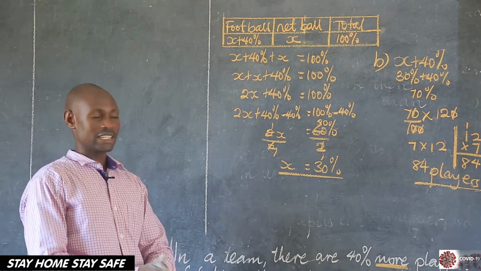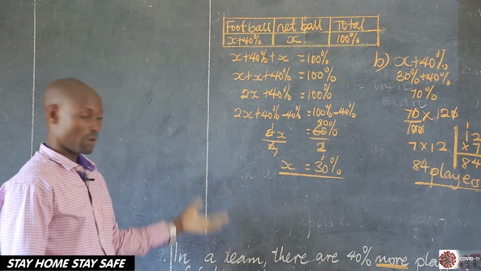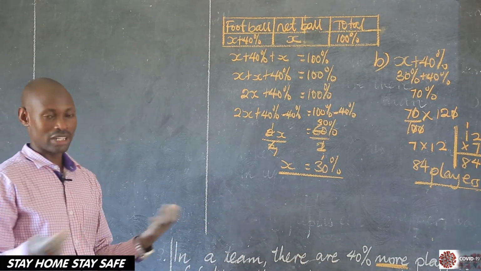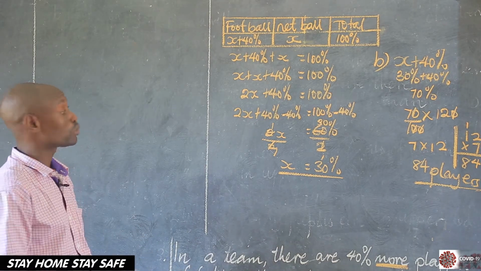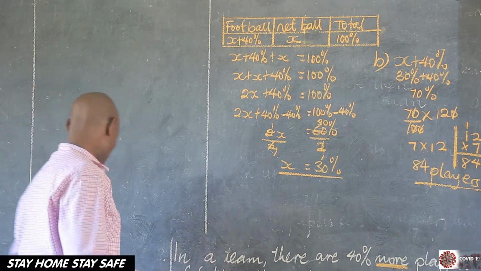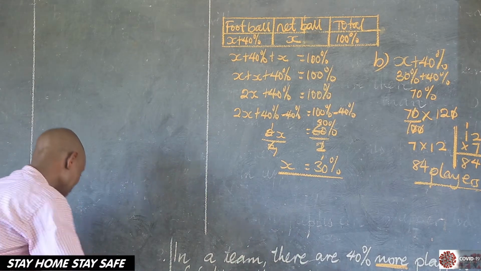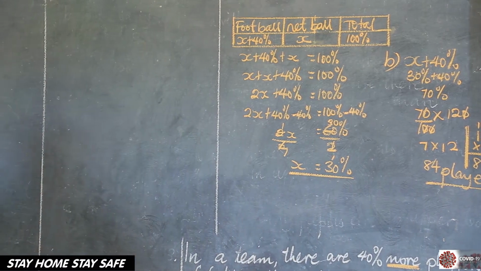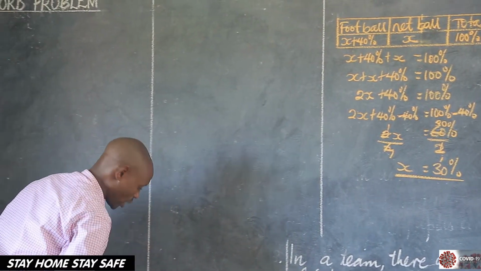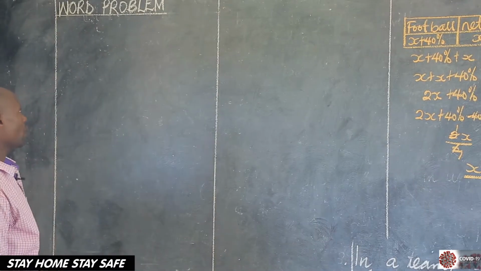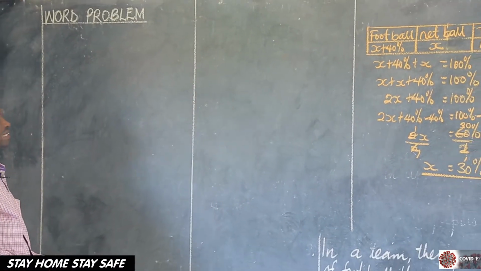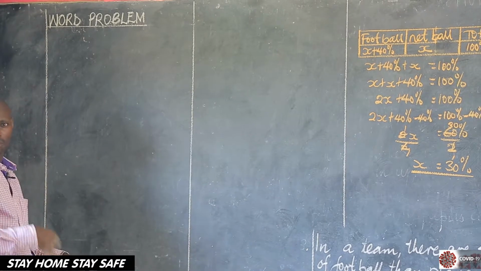Basically, that's what I expect you to have got. For number 1 and number 2, those ones were obvious and direct, and I hope you passed them. So in our lesson today, my dear learners, we are going to look at word problems. When we say word problem, what does it mean? Does it mean that it's a problem?